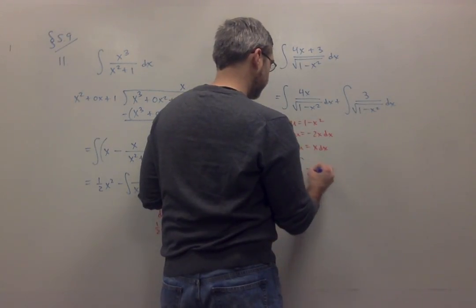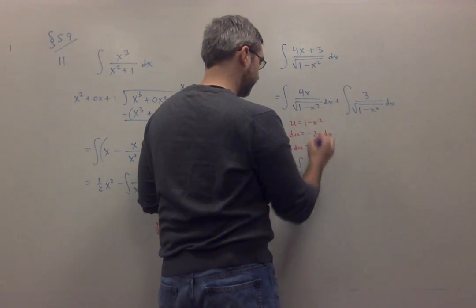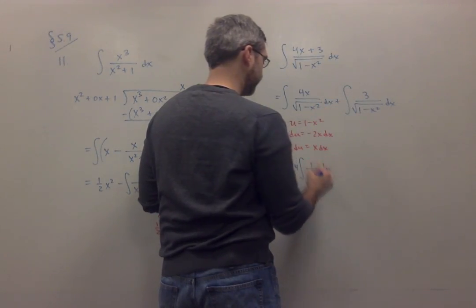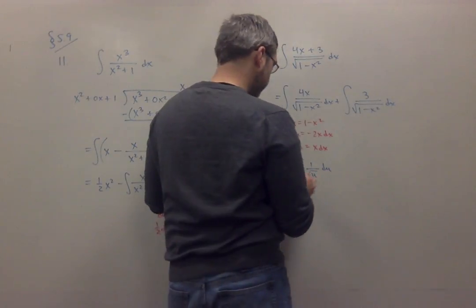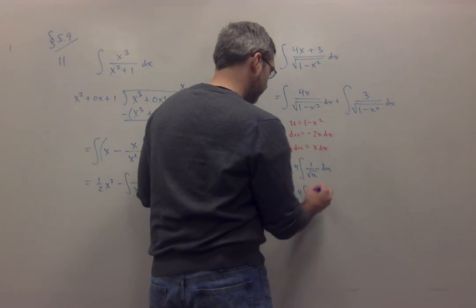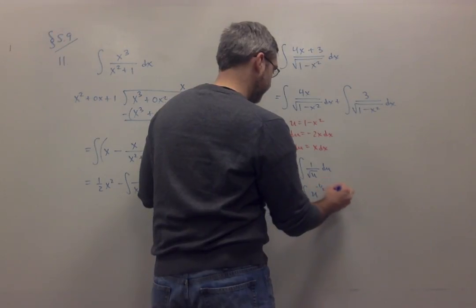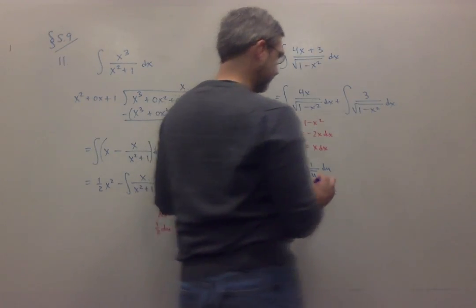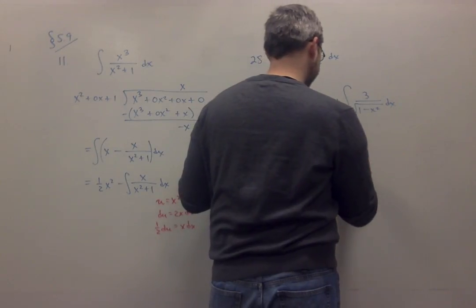And we've got a square root of u on the bottom, and the x dx becomes du. Okay, so this is now u to the minus 1/2, which is something that we can definitely integrate. We'll get there in just a second.